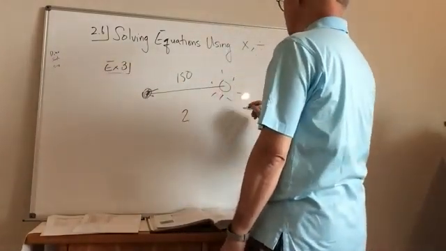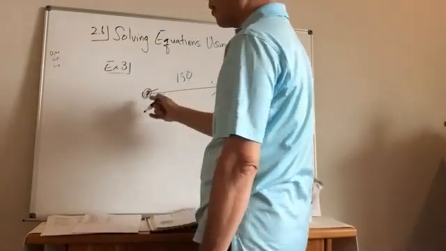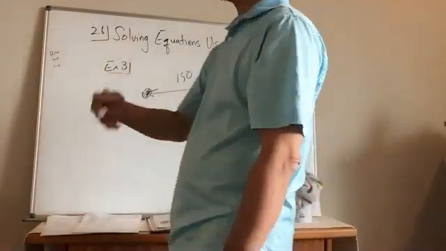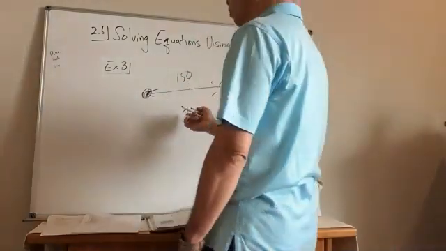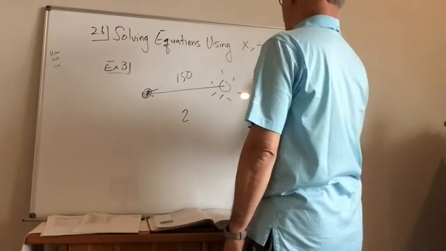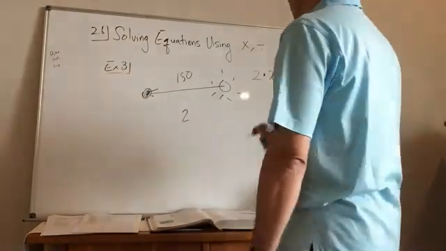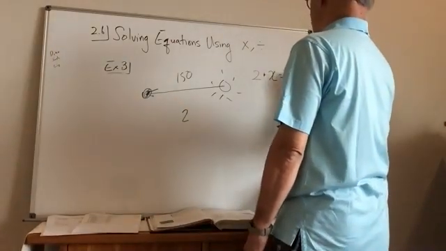And the wind is going to travel 2 million kilometers per hour. So since it goes 2 million kilometers per hour, the distance that it's going to travel in each hour is 2. So if I have 2 times, I don't know how many hours, right? 2 times how many hours is going to be equal to 150, right?